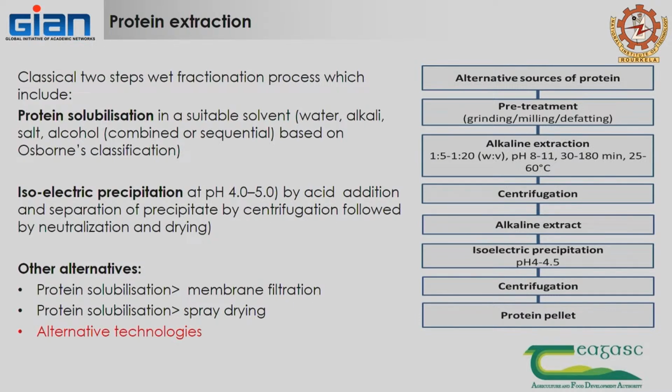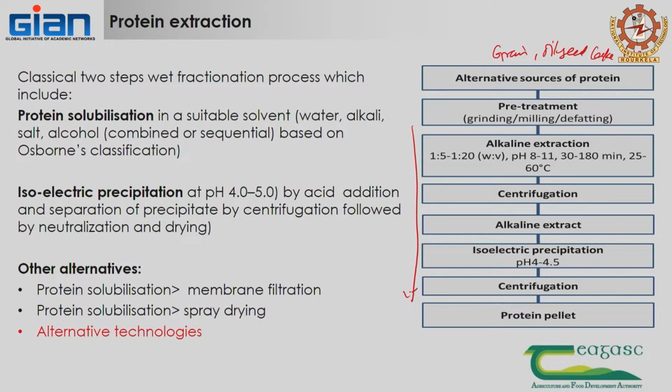This is pretty much standard process everywhere used for protein extraction, whether it is grain, oil seed cake, fish, what you have already done, or whelk or shells. Any of the biomass, this is pretty much the standard process.